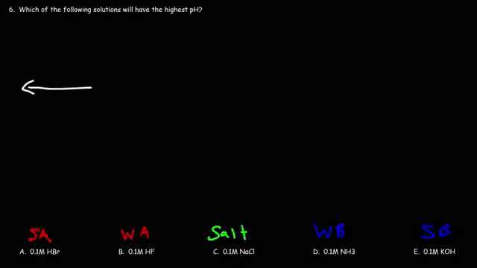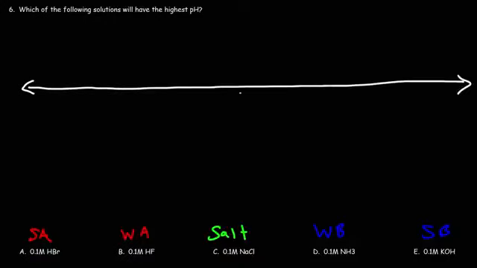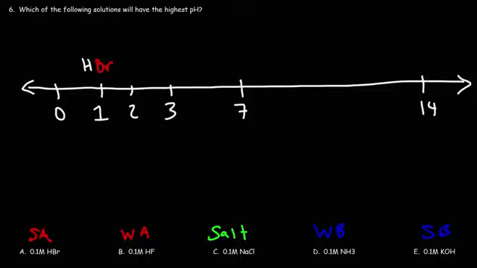Now let's create our pH scale. So we're going to put 7 in the middle, 0 on the left, 14 on the right. A 0.1 molar solution of hydrobromic acid is going to have a pH of around 1. So I'm going to put HBr here. Now, a weak acid like HF, the pH is going to be somewhere around 2 to 3.